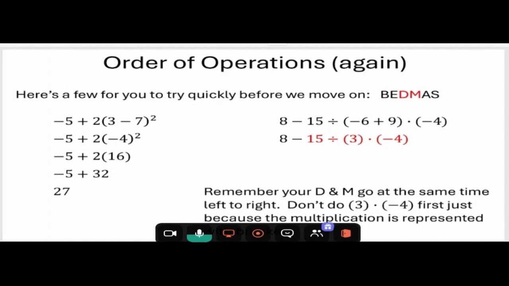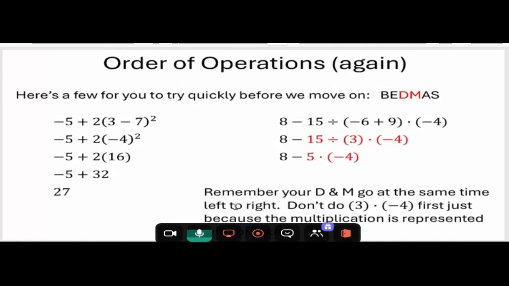Some people will see these brackets and think, oh, I guess I do that first because they're brackets. But no, the brackets in this case aren't representing something inside there to be worked out. They're just holding those numbers inside them, right? So that's not what the B means. The B means when there's something to work out inside a bracket.